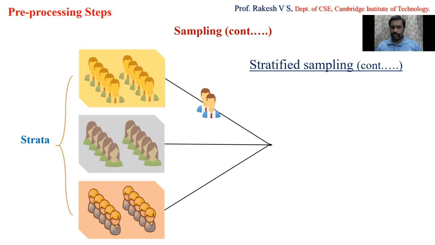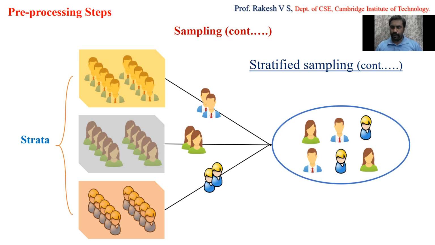That is, from the strata of men, I'll select 2 men, from the strata of females, I'll select 2 females, and from the strata of children, I'll select 2 children to form a sample of size 6. So this process of identifying the sample is called stratified sampling.